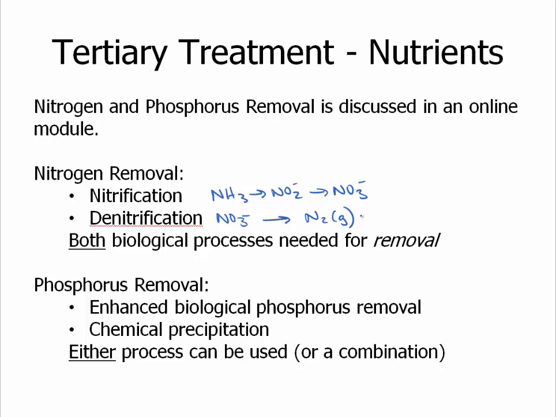For phosphorus removal, it can be achieved either through biological removal, which utilizes PAOs, or chemical precipitation, or a combination of both. Nitrifiers rely on organisms called AOBs and NOBs, and denitrification requires denitrifying bacteria.